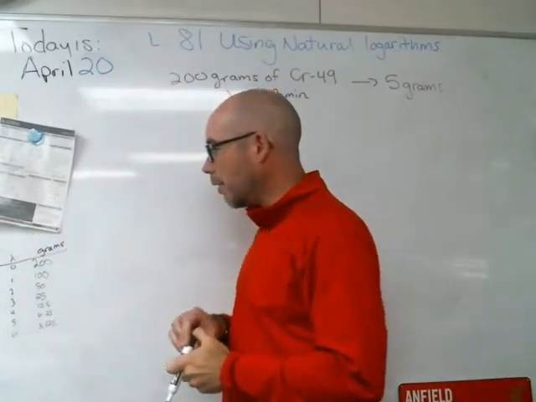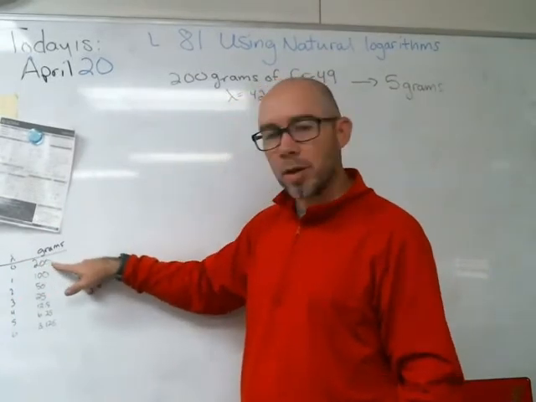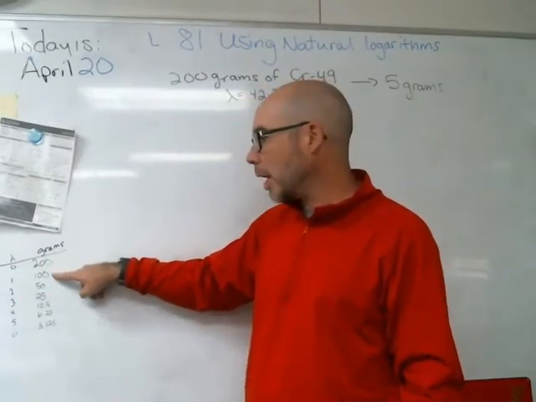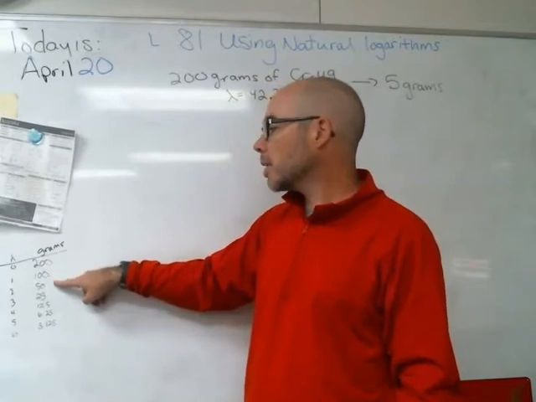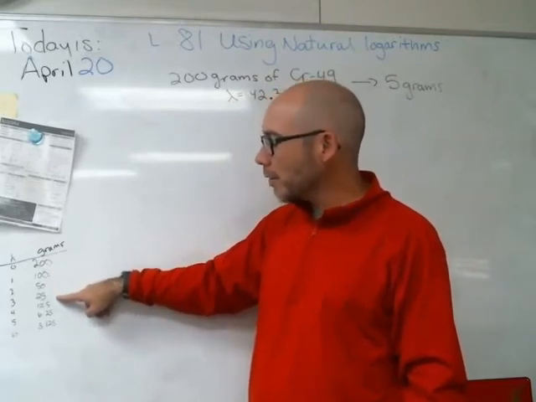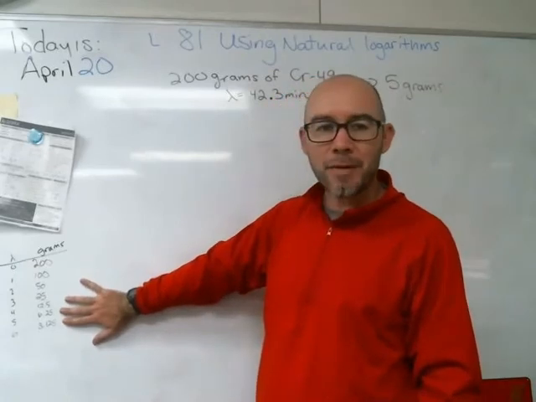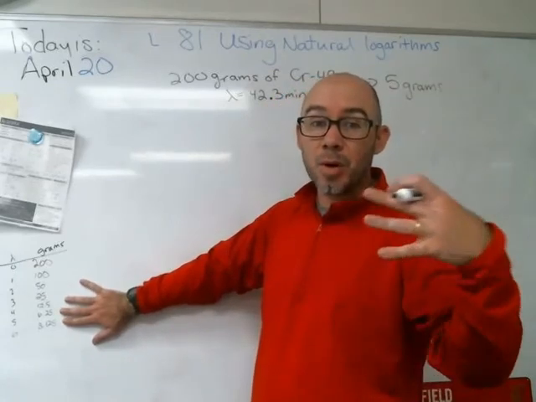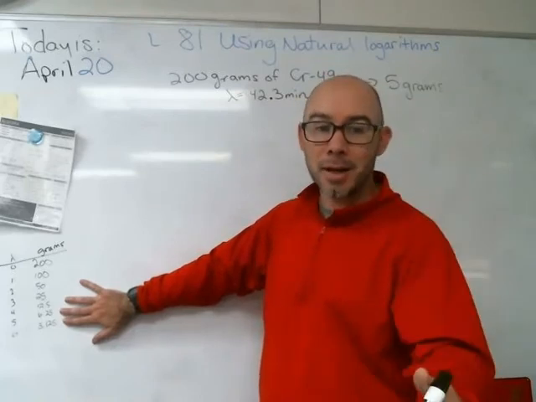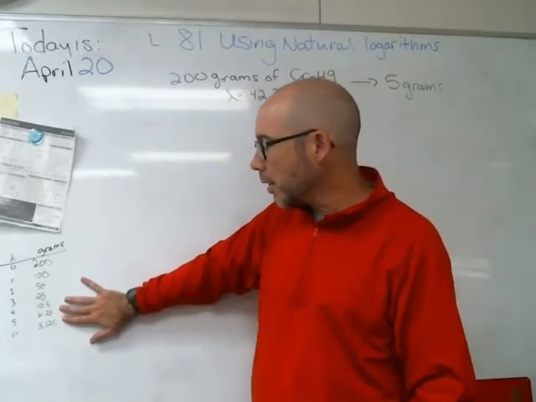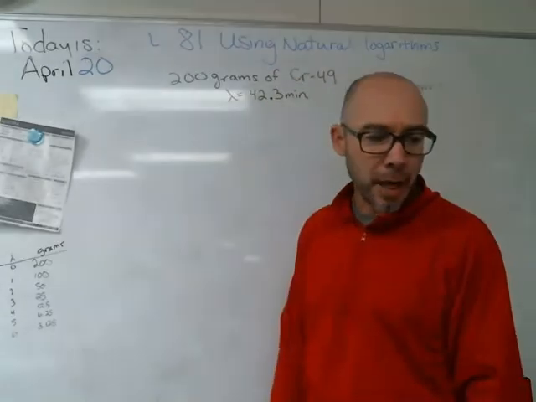If I start off having gone through no half-life, I've got 200 grams. If I go through one half-life, I'm going to have 100 grams, and then half of that's 50, and half of that's 25. And I keep going down, and somewhere between 5 and 6 half-lives, 42.3 minutes each, I'm going to have my 5 grams left.